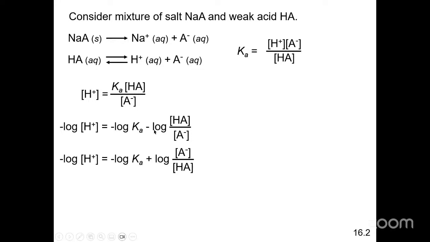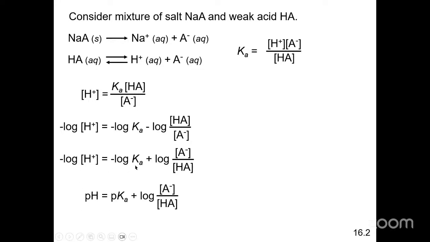When that happens, if you remember from your math courses, that sign here will become positive, right? If you switch these two here and here, then the negative sign here becomes the plus sign there, right? And therefore, the next step I'm going to show you is what happens as far as the minus log of H plus is concerned. That would be equal to the pH.